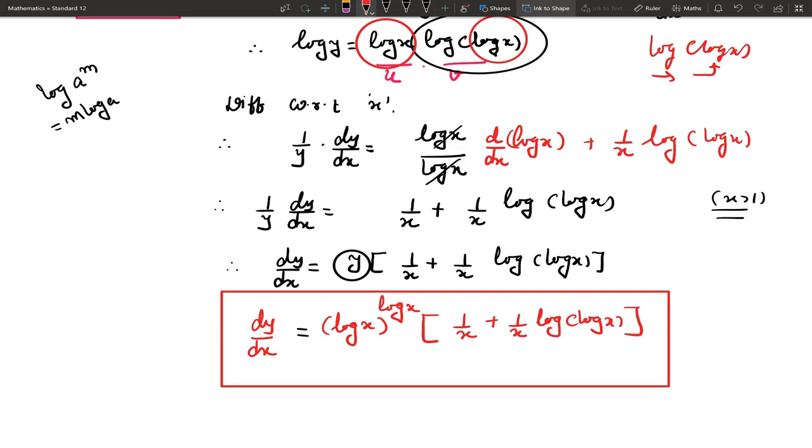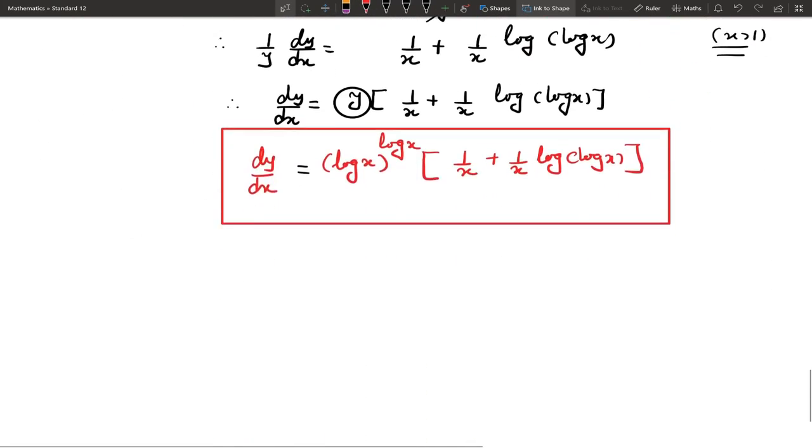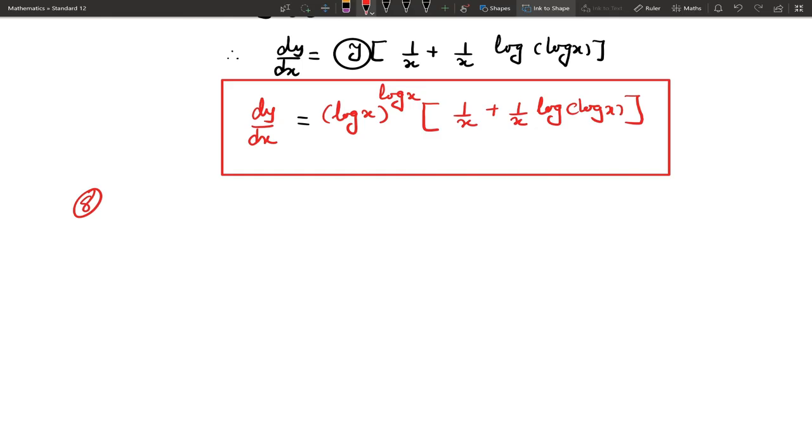Now next one. For any constants a and b, differentiate cos of a cos x plus b sin x.